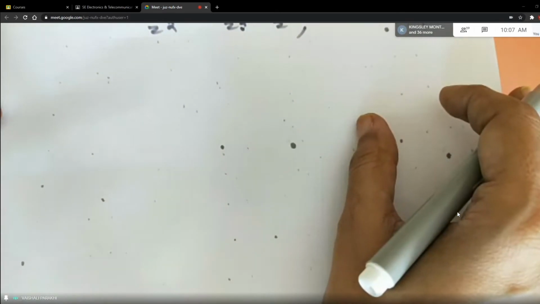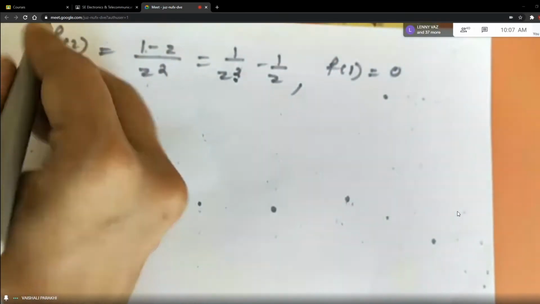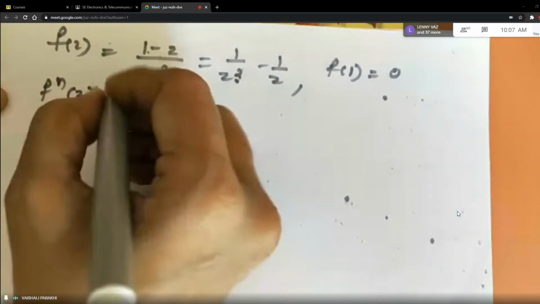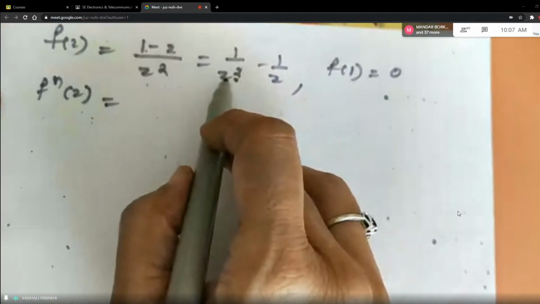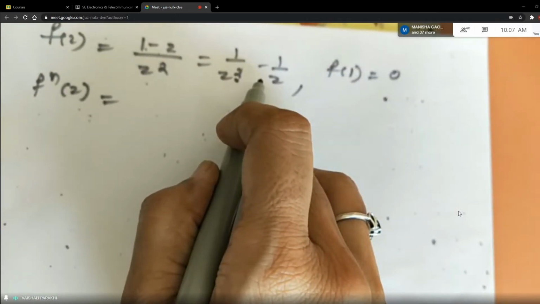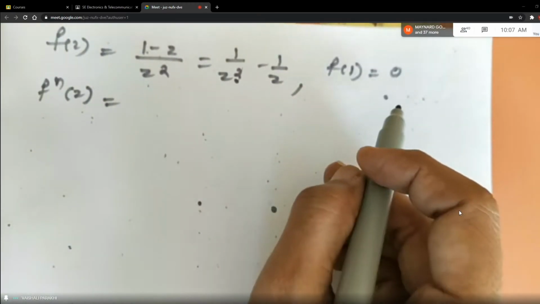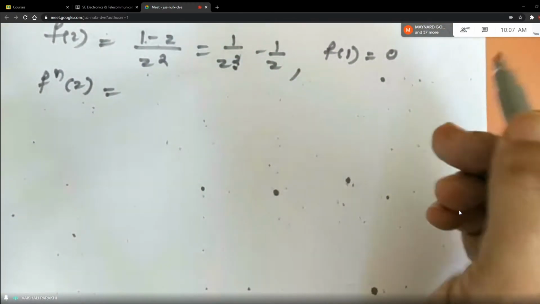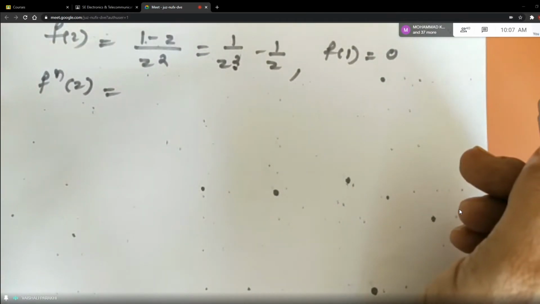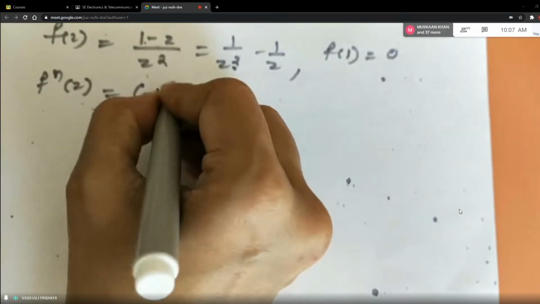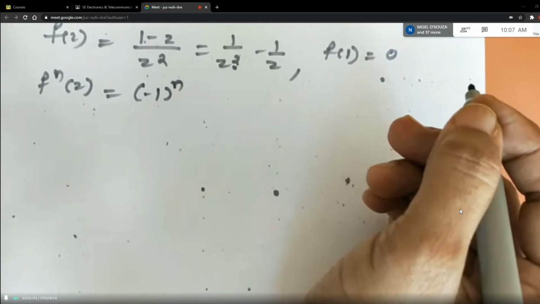Now I want to find out the nth term or nth derivative, I can say. What will be the nth derivative of this? When I write the nth derivative of this, I have to write the nth derivative of the first term minus the nth derivative of the second term separately. Okay. When you are writing the nth term, remember one thing, you don't know whether it is positive or negative, right? So for the safer side, whenever you are writing the nth term, we write minus 1 raised to n. So if n is an even number, you get a positive term. If n is an odd number, you get a negative one.